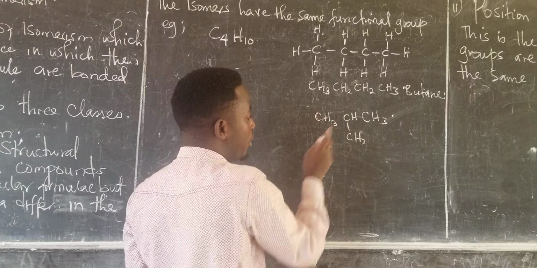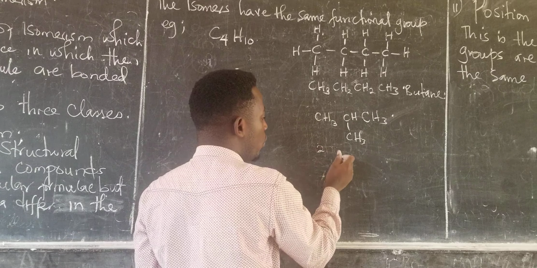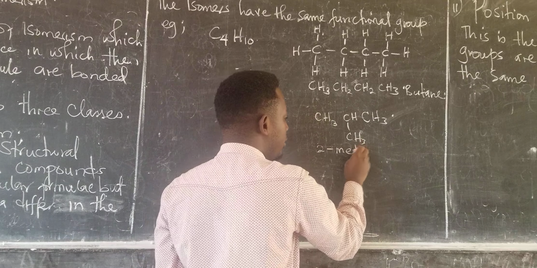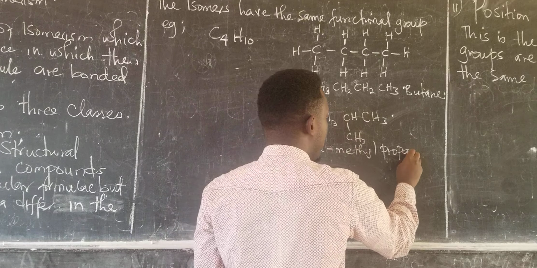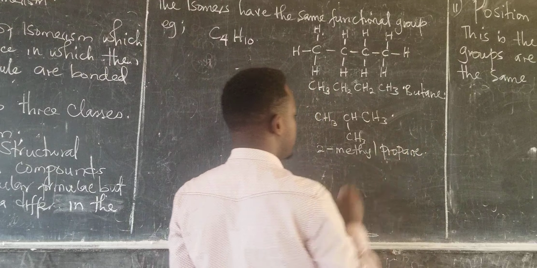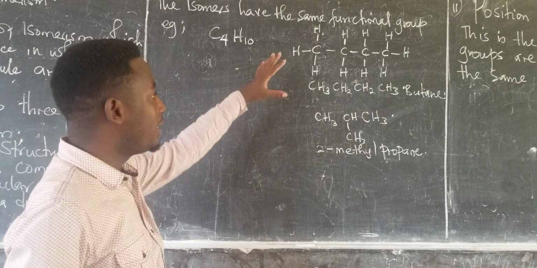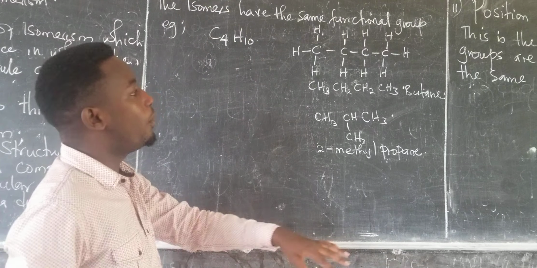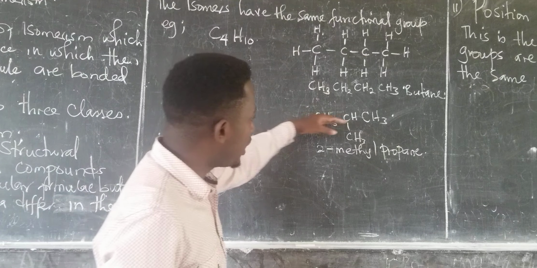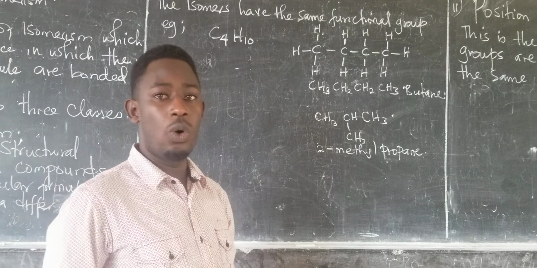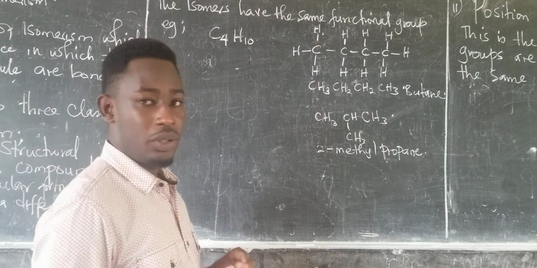Carbon number 1, carbon number 2. So we say 2-methyl propane. I think you can see that they belong to the same homologous series. They have the same functional group, but the chain is different. That's what we call chain isomerism.